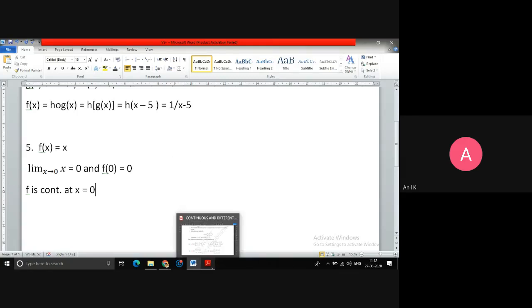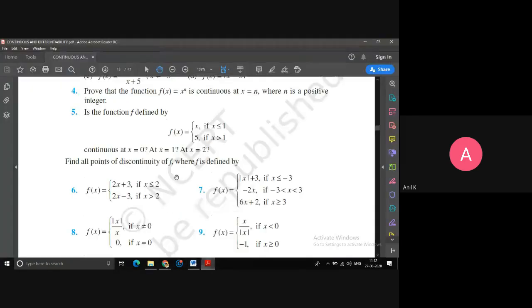Now, what else do they ask? You have to check the continuity at x equals 1 and at x equals 2. Now, when I talk about x equals 1, the left side of 1 means less than 1. My function is f of x equals x. And the right side of 1 means the numbers which are greater than 1.